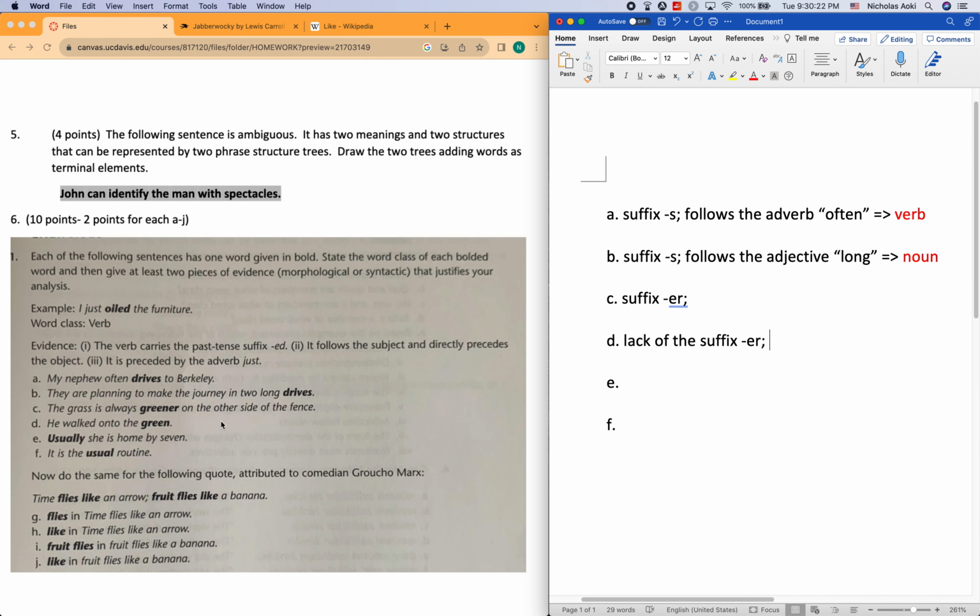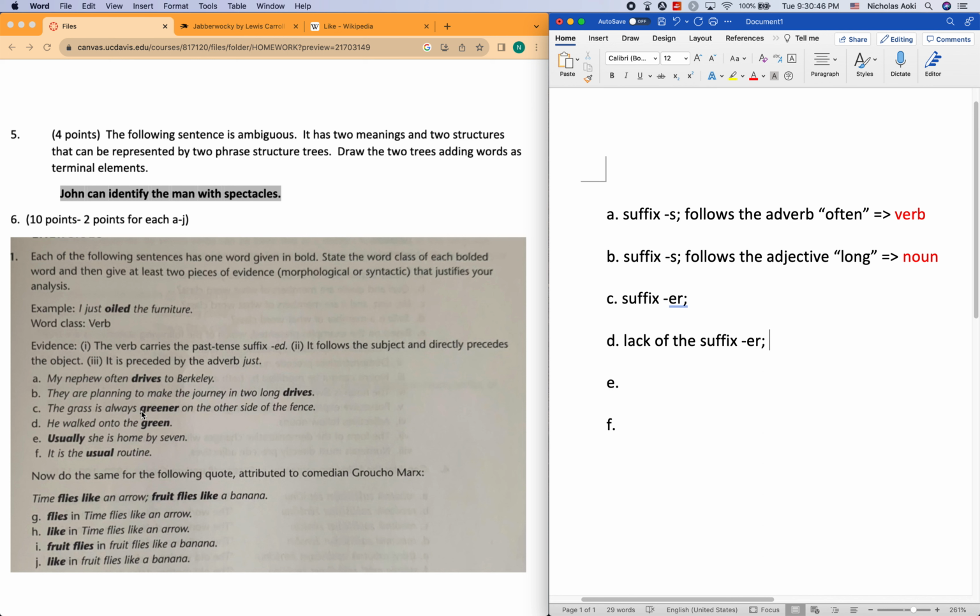There's also further syntactic evidence that C is an adjective and that D is a noun. In C, greener follows what is called the copula. Whenever we have the verb to be, that's called the copula. We often follow the copula with an adjective. So we can say the grass is greener.